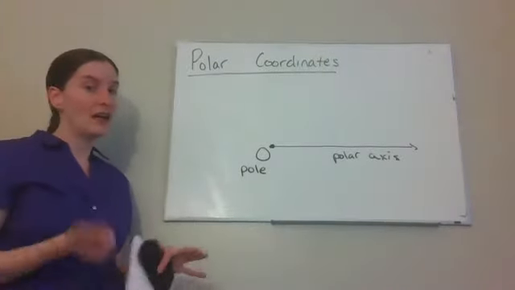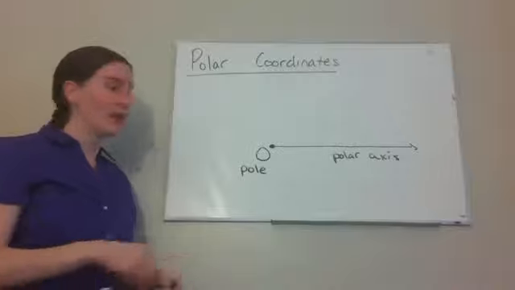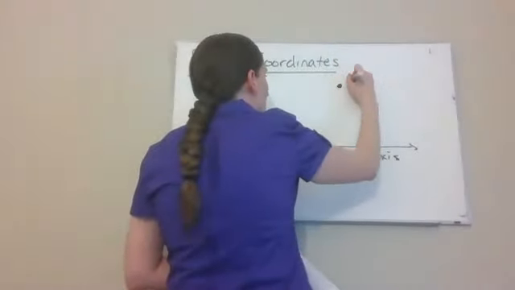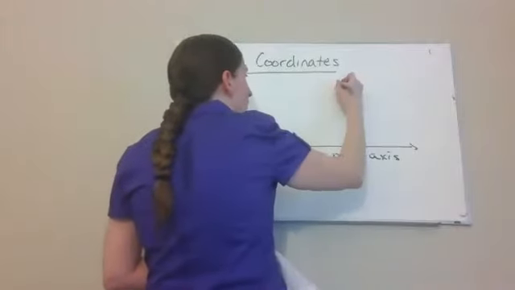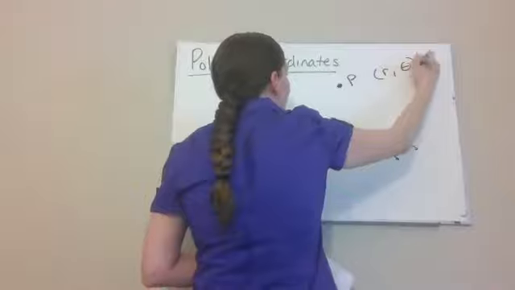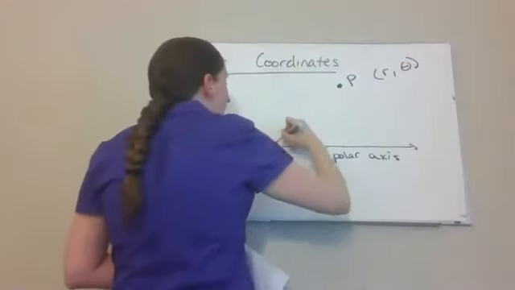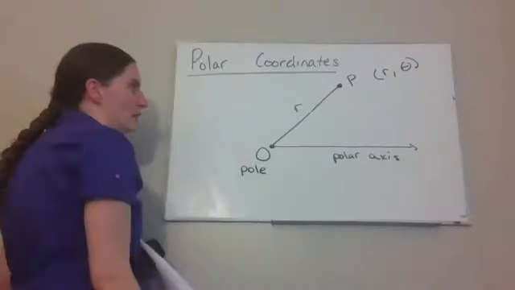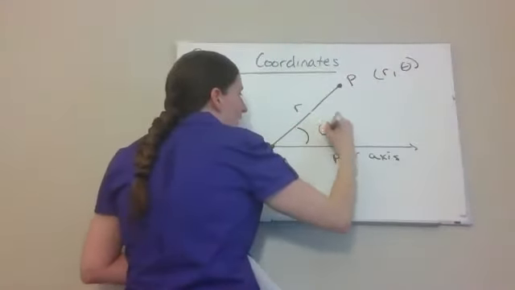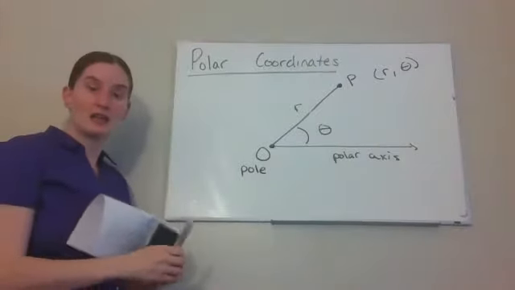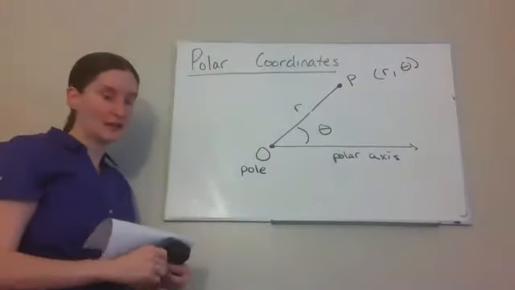Then if I have any other point P in the plane, so let me just pick this point P up here, we describe this point P with the polar coordinates r, theta, where r is this distance between O and P, and theta is this angle in between my polar axis and where my point P lands.